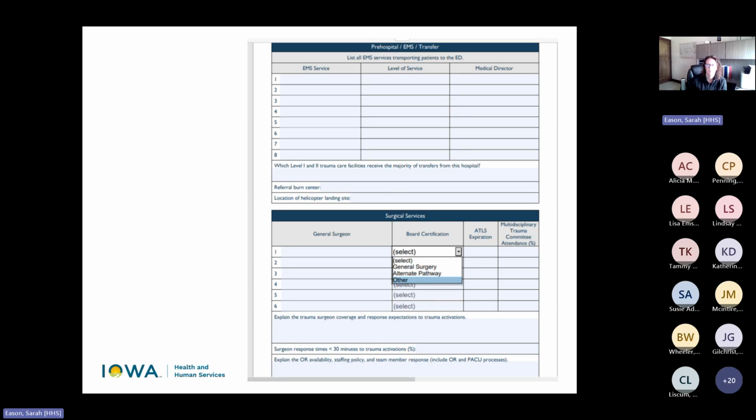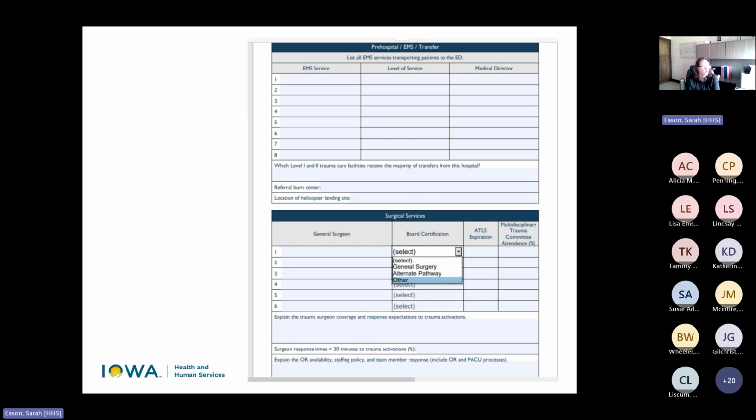And in chapter 3, this really helps meet a lot of those criteria, because that helps show that collaboration between pre-hospital. If the medical director for your EMS agency is the same as for the hospital, which many times they are, that really shows that collaboration and making sure the protocols are followed back and forth as far as case review. So make sure to have this filled out in its entirety too.